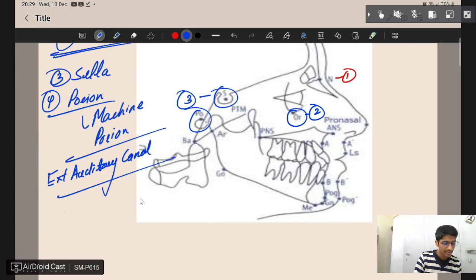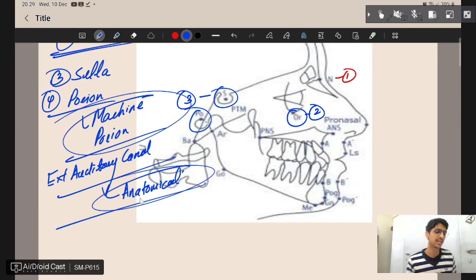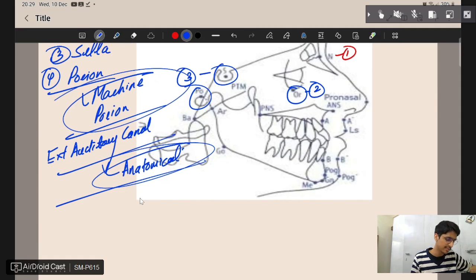Since this is taken without the help of a machine, this will be called anatomical porion. Okay guys, simple. One is machine and the second is anatomical. This is how we are going to study ceph.